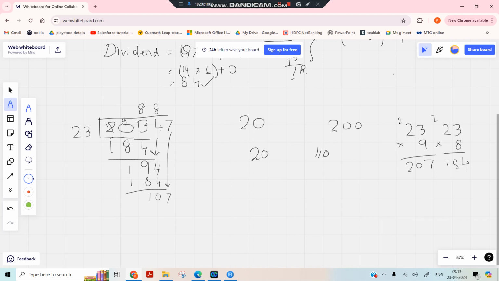However, I believe 23 times 5 will shoot over because 3 times 5 is 15, so it will shoot over. So you can estimate it as 23 times 4. 4 3s are 12, 92. You subtract and your remainder is 15. So this is your quotient and this is your remainder.